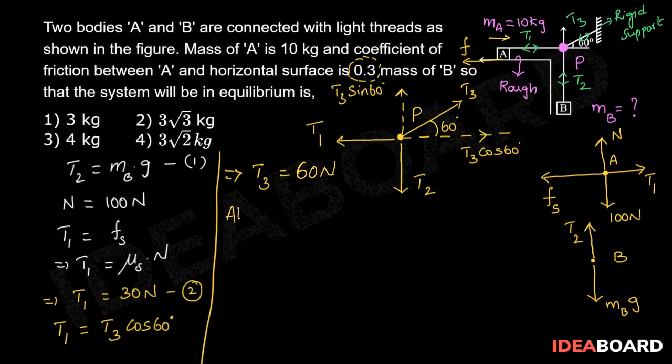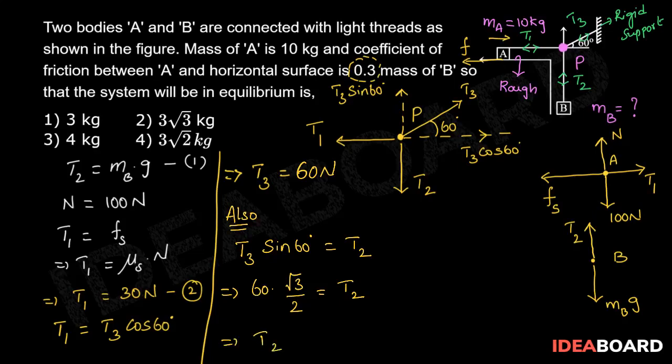Also from the FBD of point P, we can write T3 sin 60 degrees equals T2. So this implies 60 times root 3 upon 2 is equal to T2. So this implies T2 is equal to 30 root 3 newtons. Let this be the third equation.